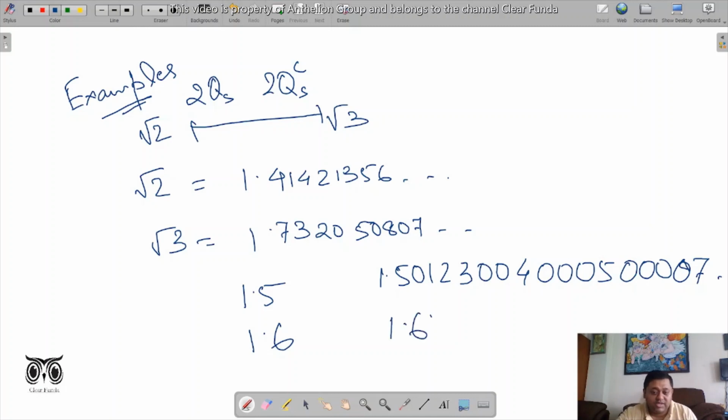And 1.616616661 dot dot dot, this will go on. So these are the two irrational numbers that we can always say are there. So this is your one example.